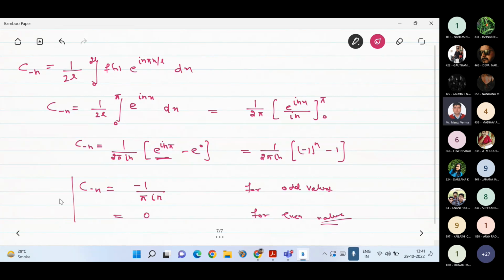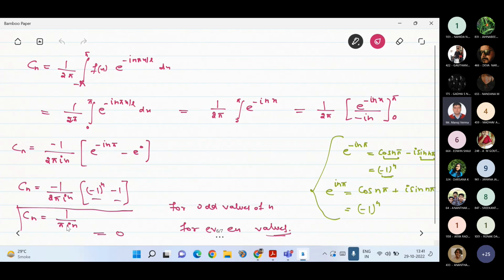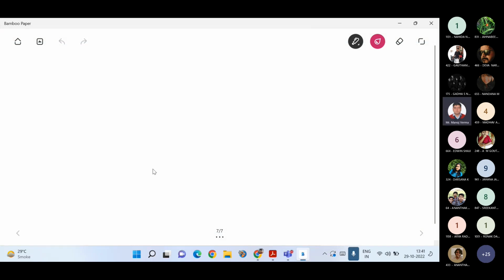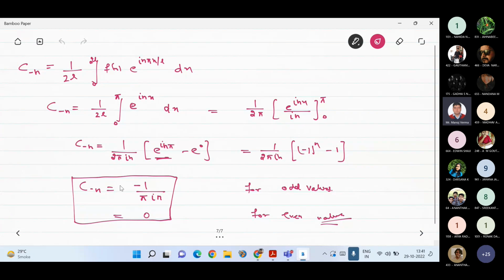So from here also you can see, if I just insert minus n instead of n in Cn, then it will become minus Cn, right?